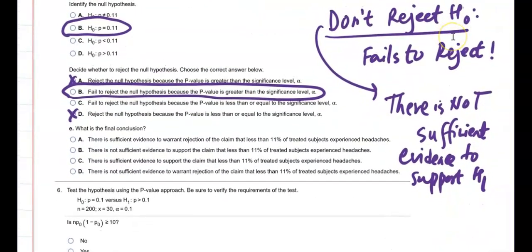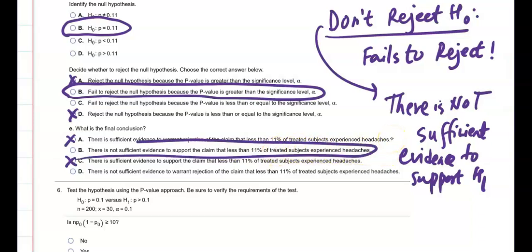Do not reject means there is not sufficient evidence. There is sufficient is the wrong choice. B says there is not sufficient evidence, and D also says there is not sufficient evidence, but look for the next sentence. There is not sufficient evidence to support the claim that less than 11% of treated subjects experience headaches. So this is the answer for part E. That's the final conclusion.